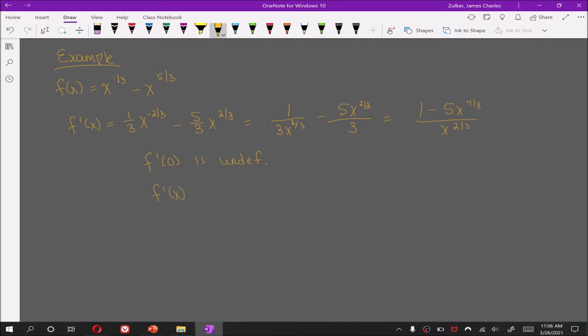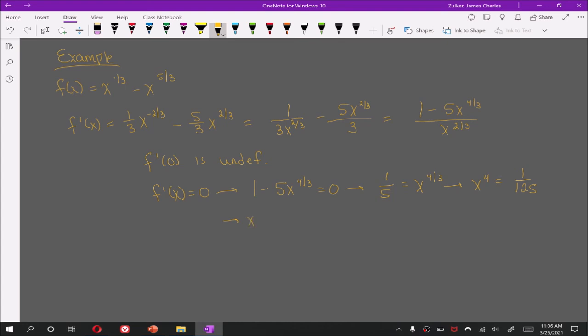Setting f prime of x equal to 0, we get 1 minus 5x to the 4/3 equals 0, which means that 1/5 equals x to the 4/3. If we cube everything, we get x to the 4th is 1 over 125.